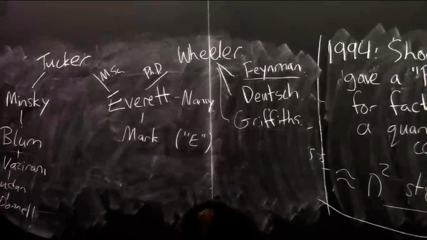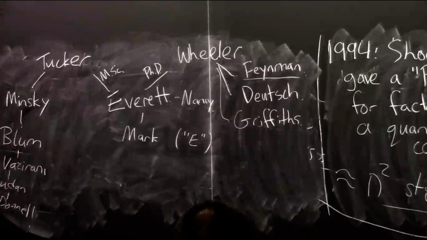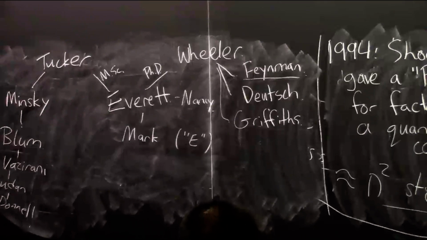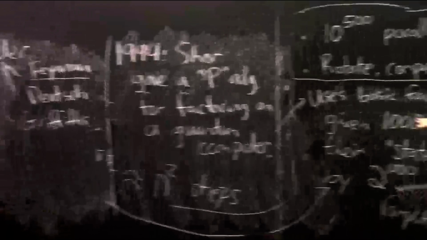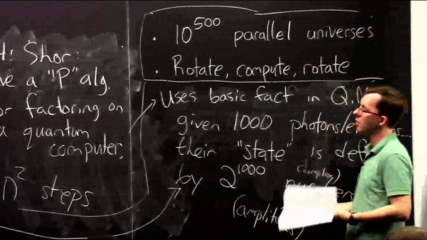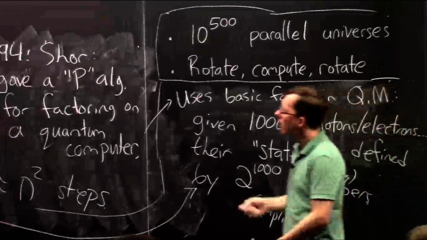Right, so let me end by talking a little bit about Shor's algorithm from the less extravagant viewpoint of harnessing the power of 10 to the 500 parallel universes, and from a more prosaic point of view.